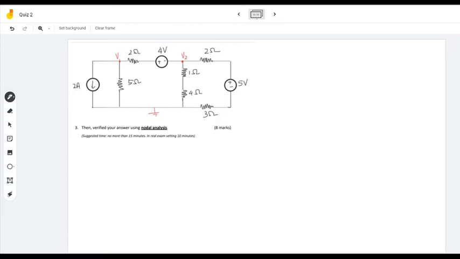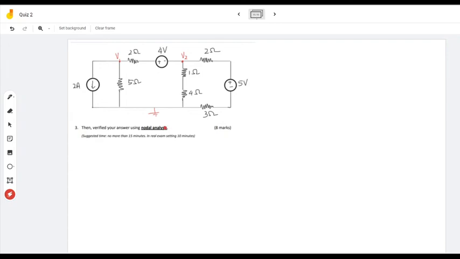Am I right? You can just, but make sure you number your question in your answer book. So actually it's up to the student. If you ask me which method I would do first, if I am super confident with nodal analysis, I'll definitely do nodal analysis first, even though the question comes after superposition.